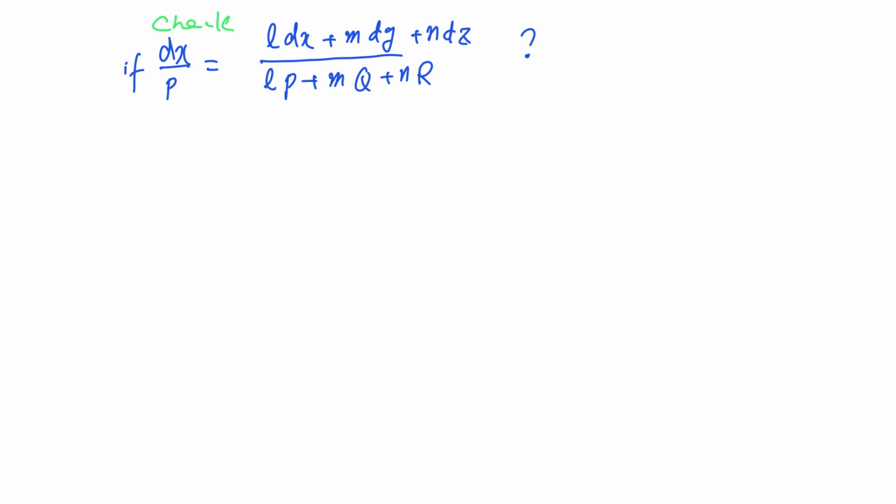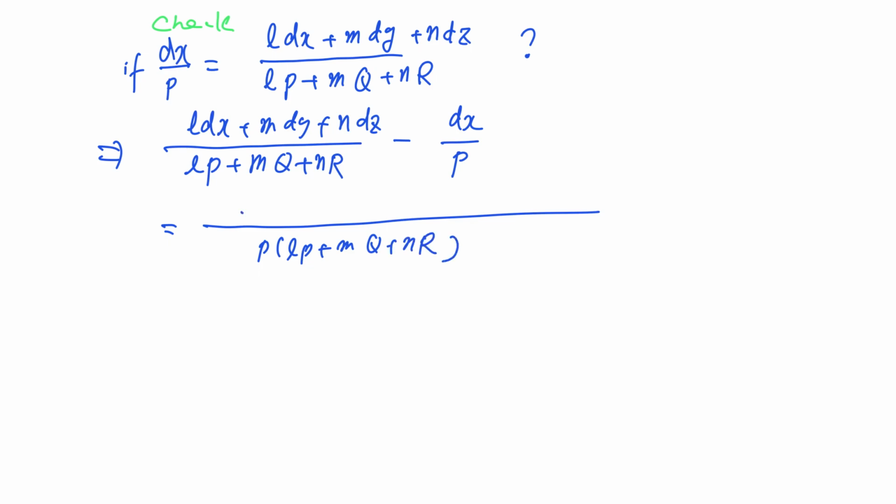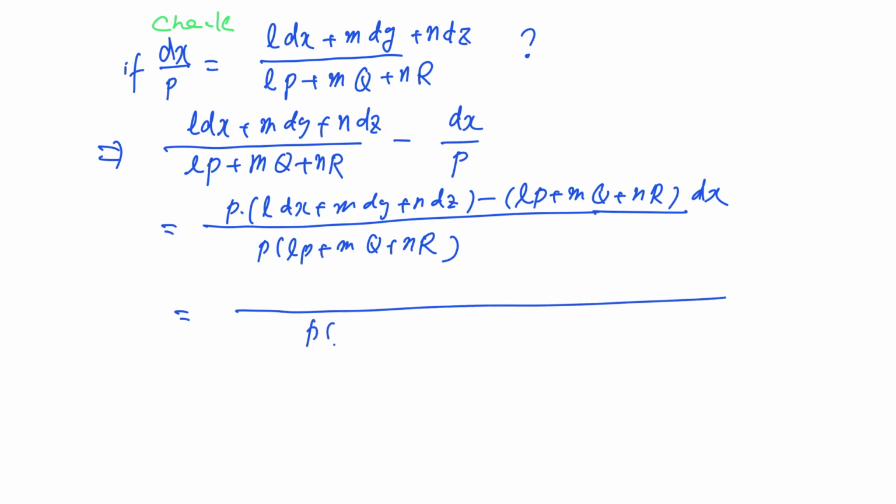Let's check. So we simply take lP plus mQ plus nR over ldx plus mdy plus ndz, minus dx over P. Put over a common denominator P(lP plus mQ plus nR). Then P(ldx plus mdy plus ndz) minus (lP plus mQ plus nR)dx, right?